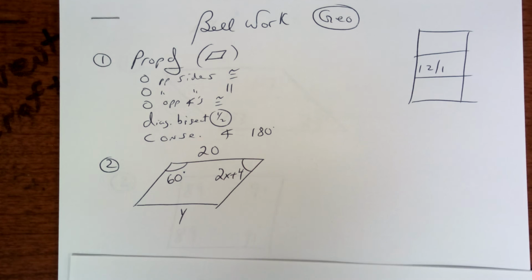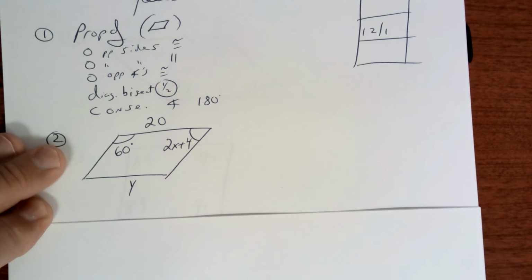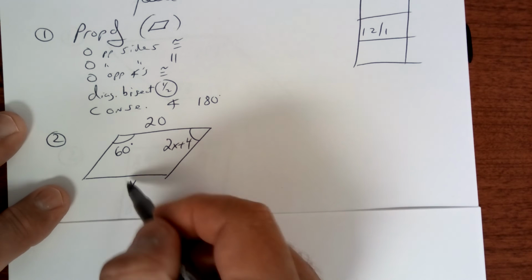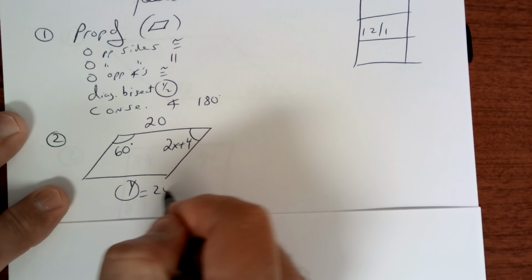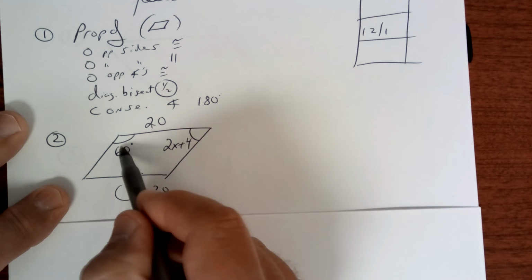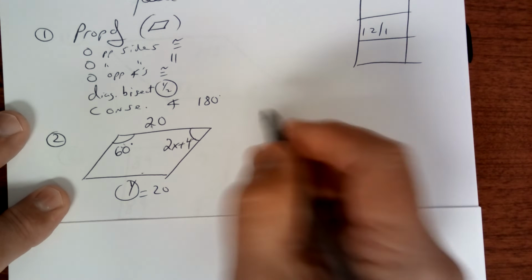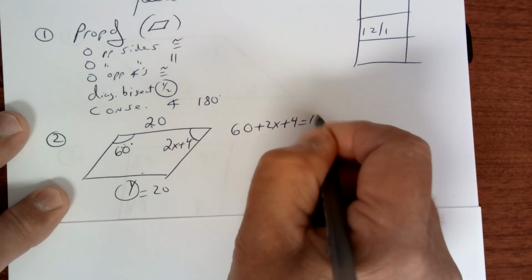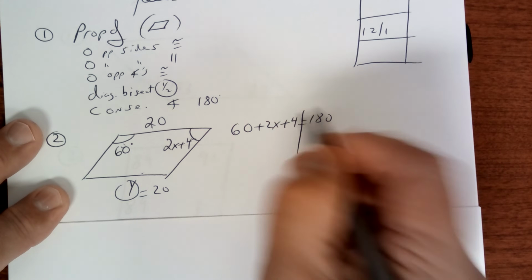Let's take a look at this one right here. All right, so if this is a parallelogram, then this one is 20 because it's opposite sides. If it is, these are consecutive, so they add up to 180 degrees. Then you got to be able to work this. That's 64.